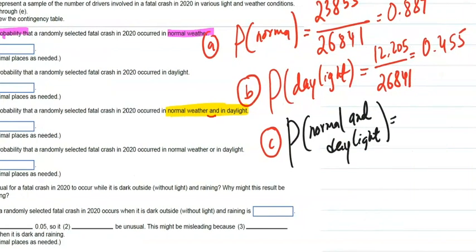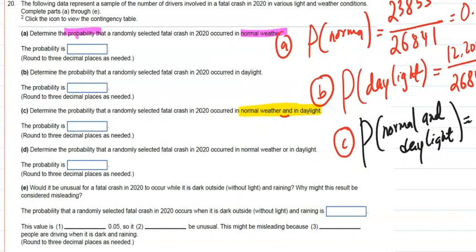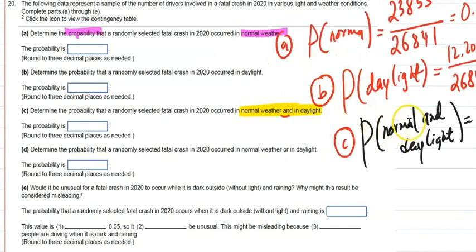Again, the denominator is the total number of accidents that year, 2020, 26,841. And how many accidents are in normal weather and daylight condition?